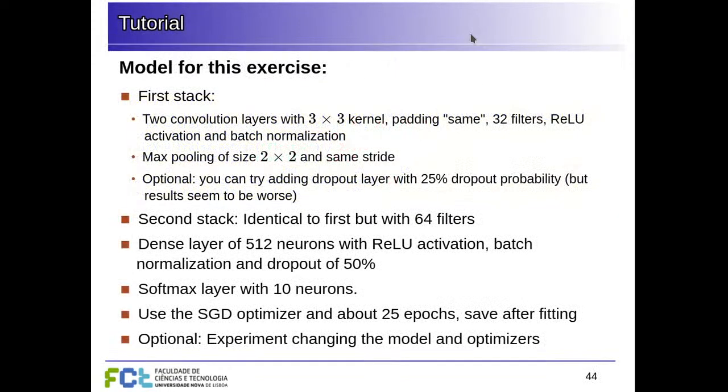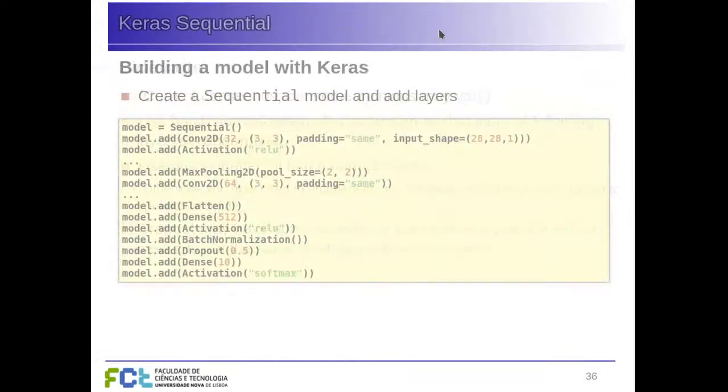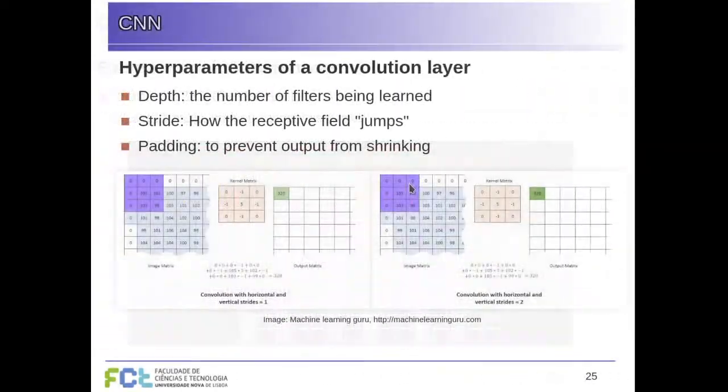Okay, so the model that I propose you use for this exercise will have a first stack of 2 convolutional layers and a max pooling, where each convolutional layer has a 3 by 3 kernel. Use the same padding so that you don't shrink the output during the convolution, and 32 filters with a rectified linear unit activation, and you can use batch normalization here. So this is similar to this kind of network that we saw here.